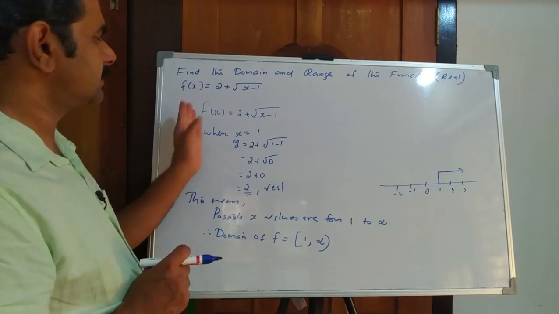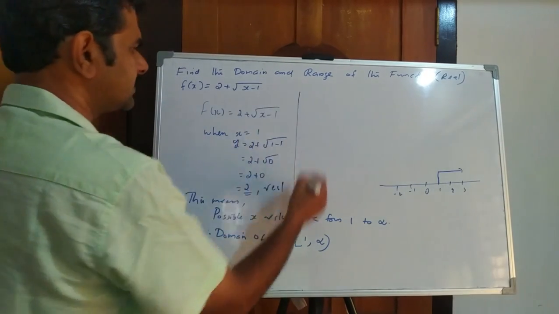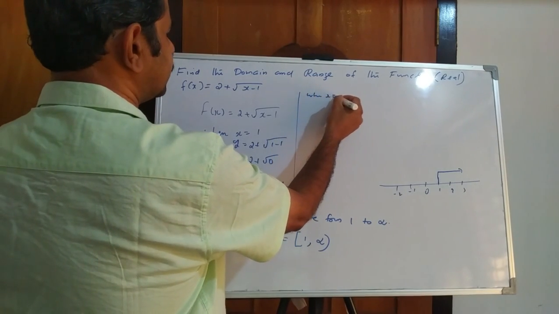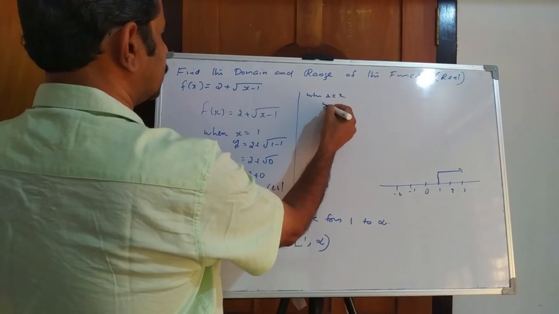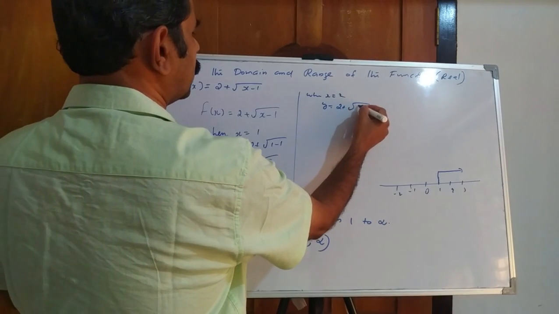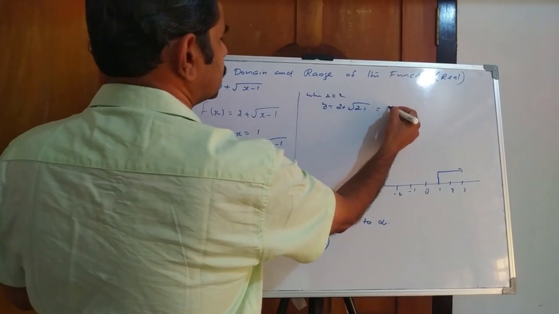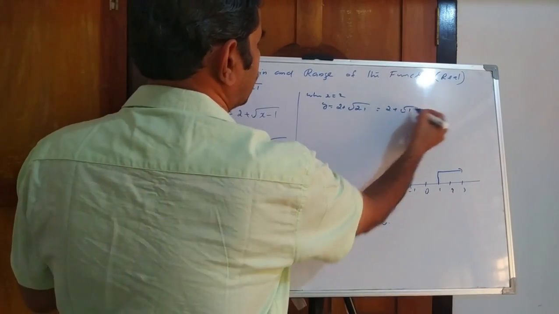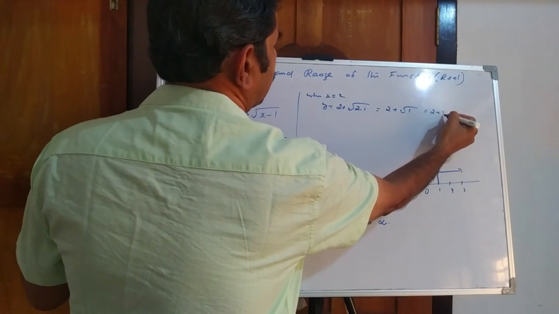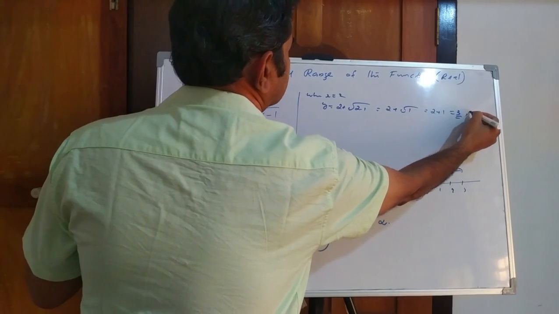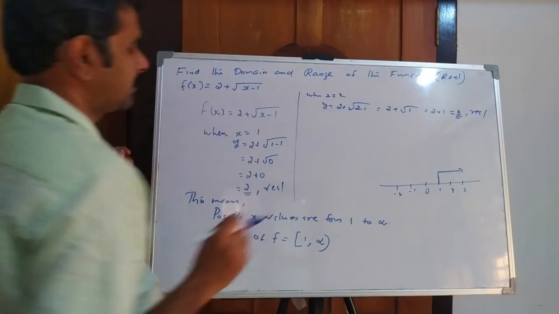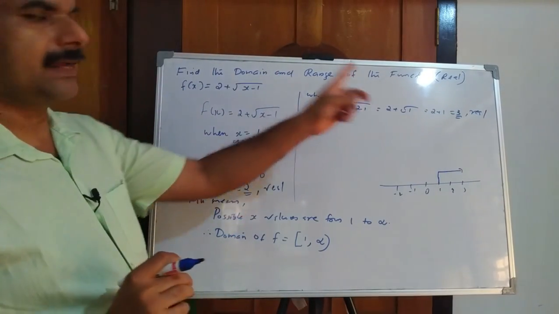When x is equal to 2, y is equal to what? 2 plus root of 2 minus 1, that is 2 plus root of 1, that is 3, which is also real. So first answer is 2, second answer is 3.